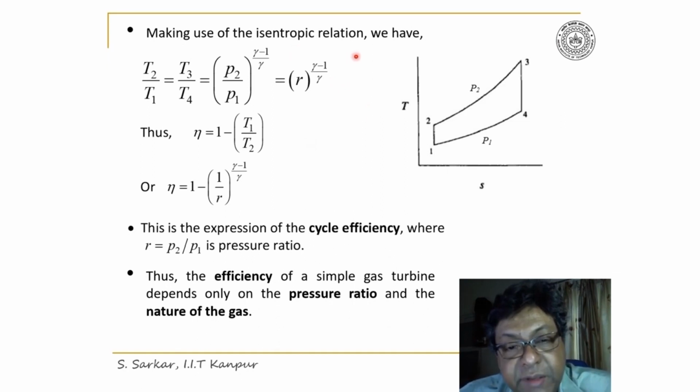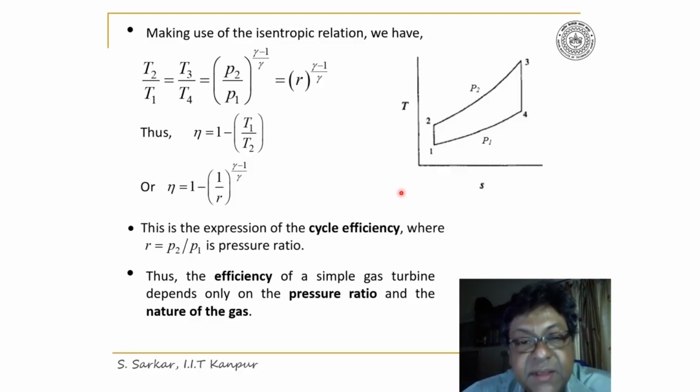Thus, I can use the isentropic relation such as T2 divided by T1 is equal to T3 divided by T4, which is equal to (P2 by P1) to the power (gamma minus 1) by gamma, where P2 by P1 is the pressure ratio and is denoted here as R. Thus, I can write T2 divided by T1 is equal to T3 by T4, that is equal to R to the power (gamma minus 1) by gamma.